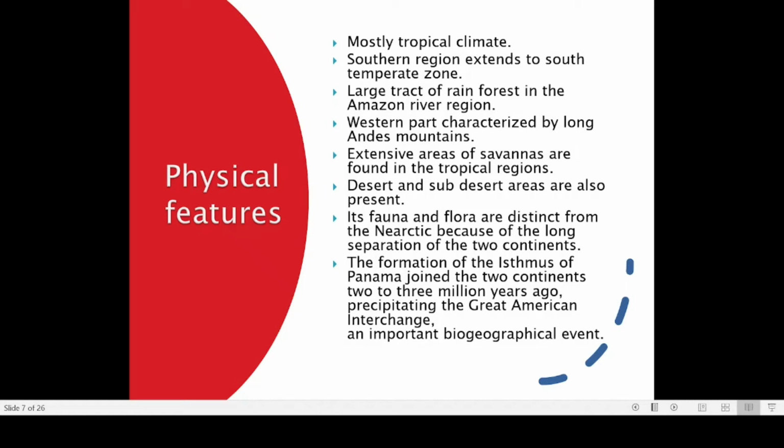For example, if you go to a temperate region, there is a clear summer season and clear winter season, and autumn and also spring. The 4 seasons are very prominent, very clear cut. But that clear-cut separation is not present in a tropical region. For example, in our region, we can only say there is a summer season. It is in the summer season that we are experiencing the rain.